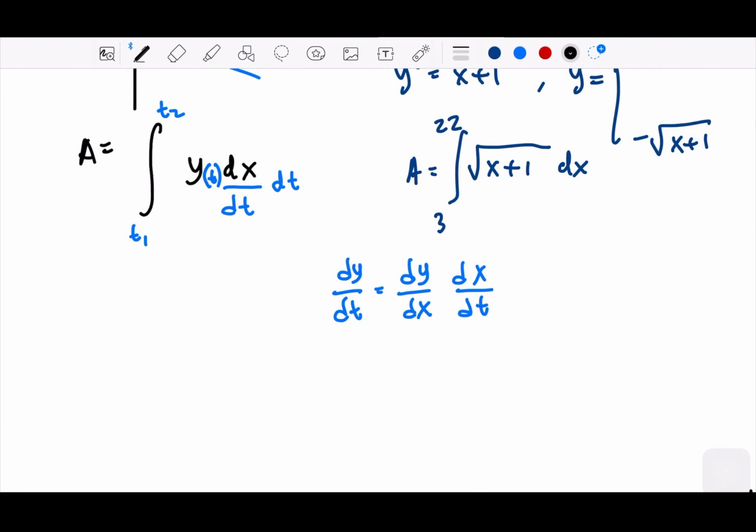So the integration formula for the area of a definite integral in parametric curves.